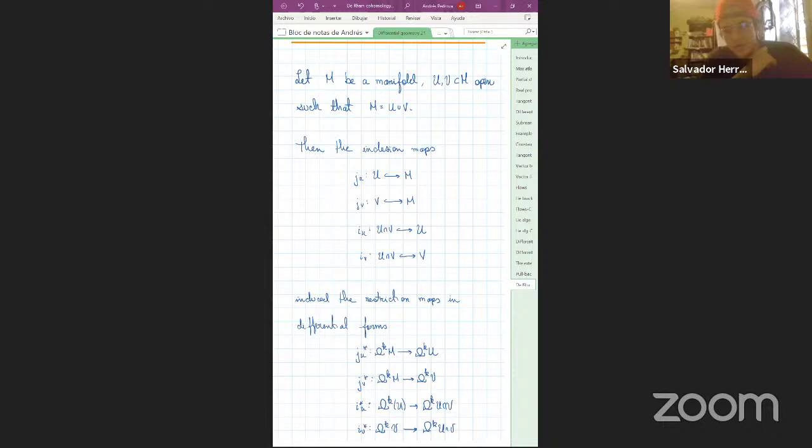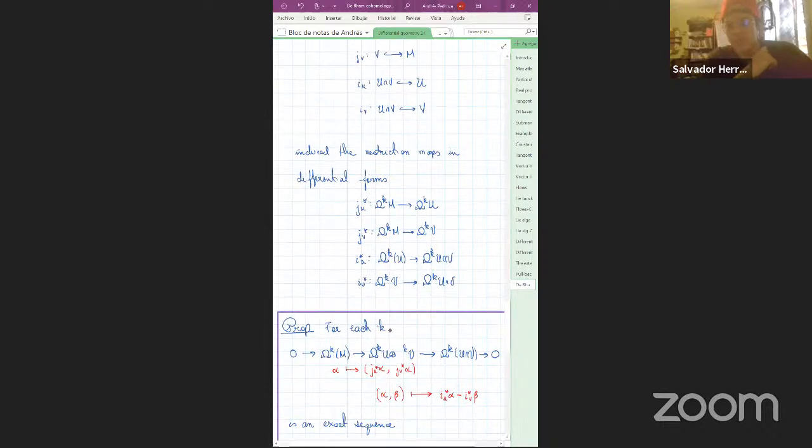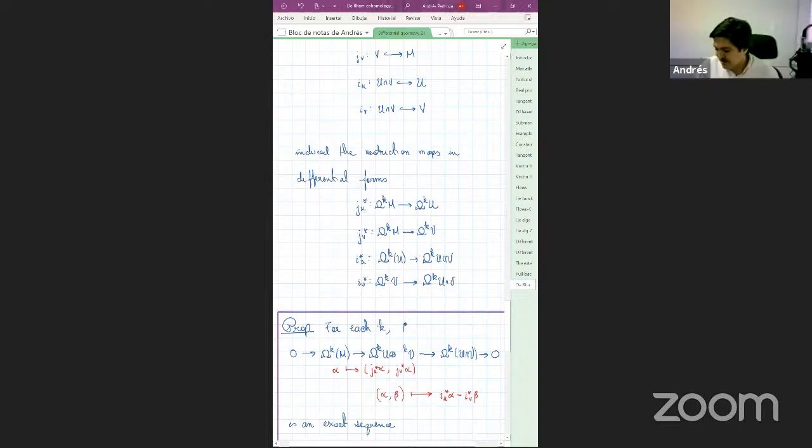Here it is crucial that M is the union of these open sets, U and V. Okay, very good. So with that, you show that it is exact here.